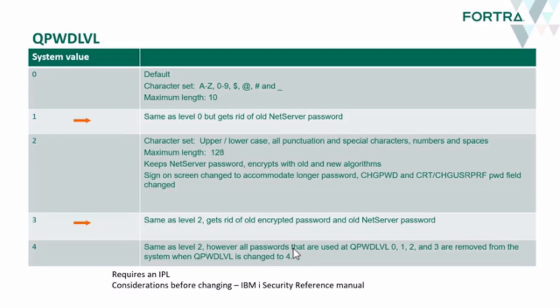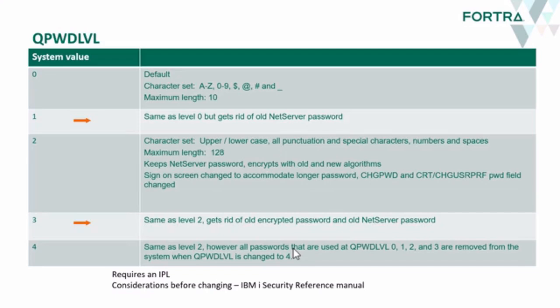The length of that password is truly what makes it stronger, even more so than having a bunch of weird characters in it or doing a bunch of funny things. Having that passphrase, the more characters, it really does help prevent somebody from being able to guess or crack your password. Again, though, at level 2, that NetServer password, that weakly hashed version is still there.